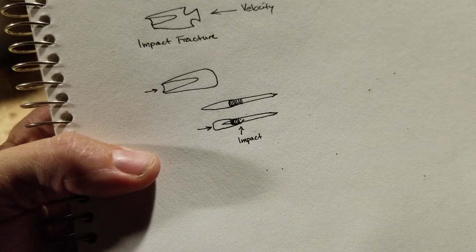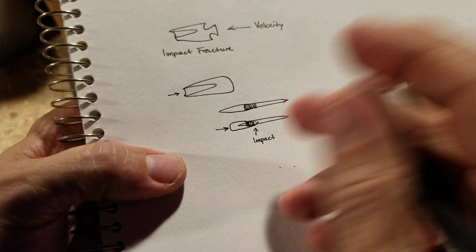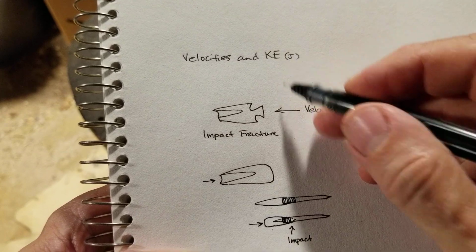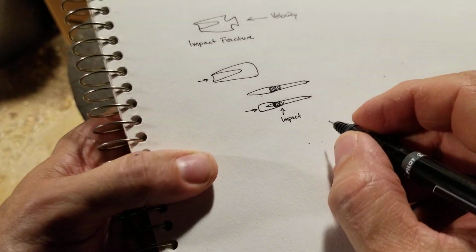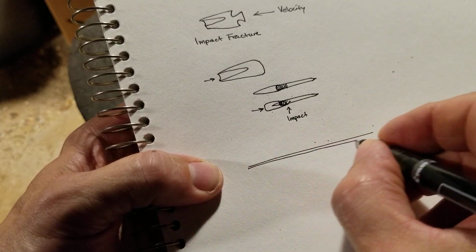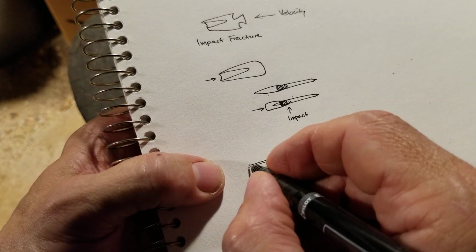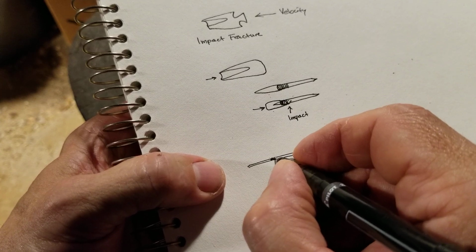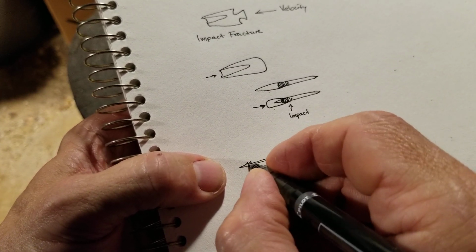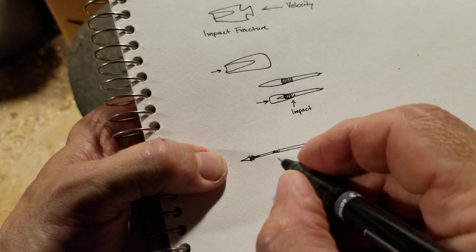impact fracture. Okay. Now, when comparing kinetic energies, you would think that a dart has the most because of its velocity, which makes sense, right? It makes sense for an atlatl dart to have high velocity and high kinetic energy.